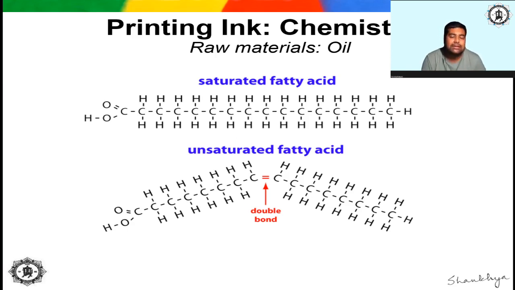They're all linear structures actually, but they may be branched also, doesn't matter. But ultimately, non-drying oils are saturated fatty acids. That means saturated means there is no unsaturation within the carbon-carbon bonds. But in case of your drying oil, there may be multiple such unsaturations.